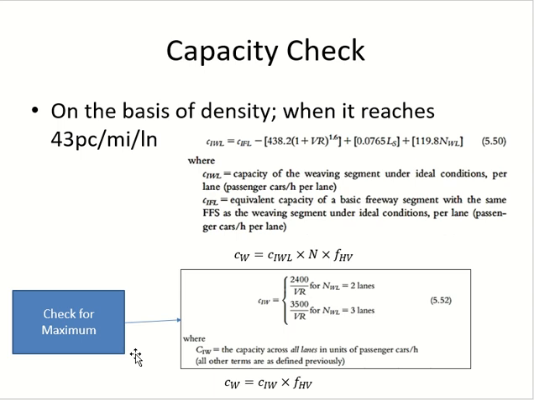Then how much is this? This is 0.3. VR is 0.3, LS is 1850, NWL is 2, and this one is 2350. Just calculate it. So how much is my CIWL?